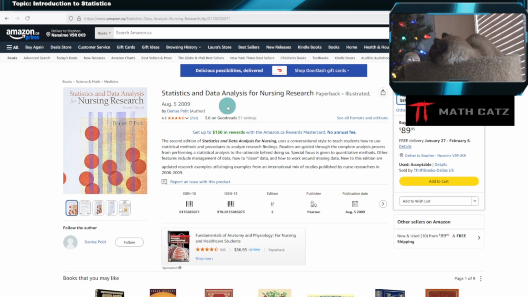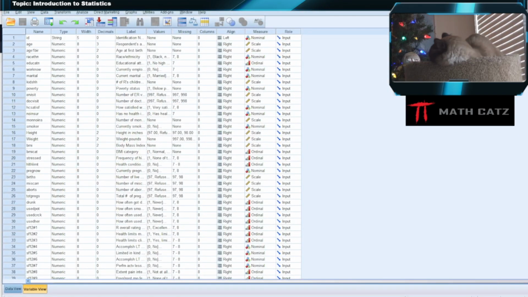They've made that available on their website that we can use in SPSS for various examples. They have 3 different files, and we are going to use the B file for today in case you want to follow along. So we have a whole bunch of variables over here.